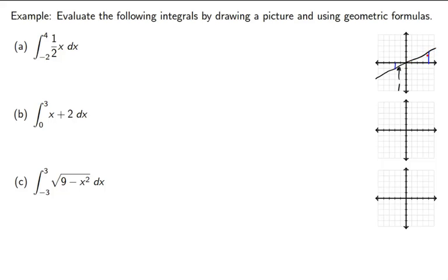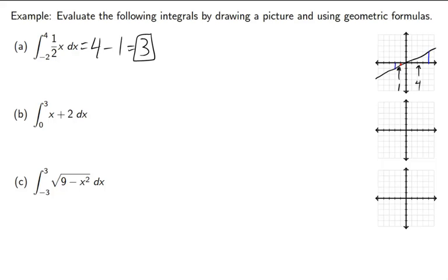Base is 4, height is 2, it's 4. 1/2 base times height. This area is counted positively, and this area is counted negatively. So I get 4 minus 1 is 3. Again, I just looked at these, they're triangles, and said 1/2 base times height.